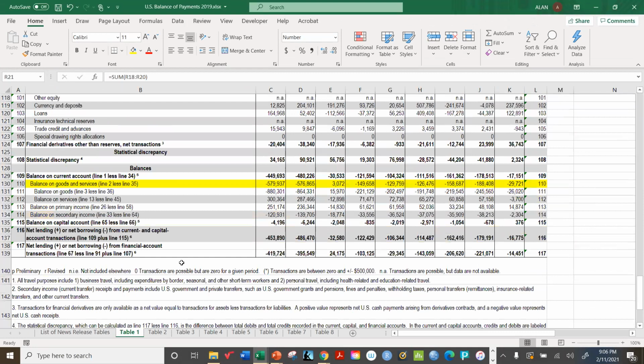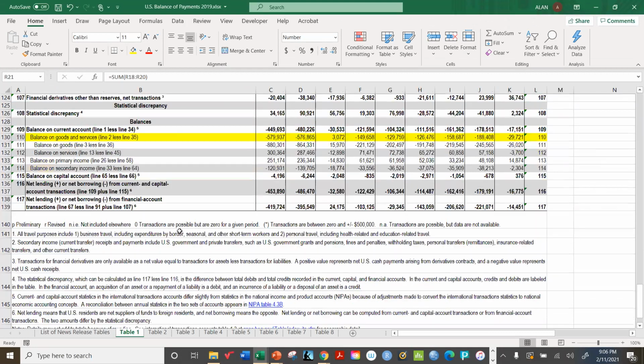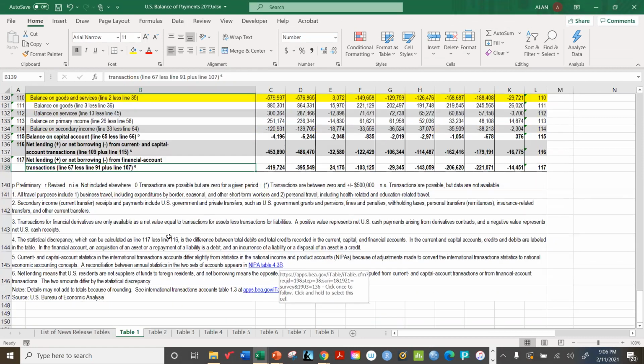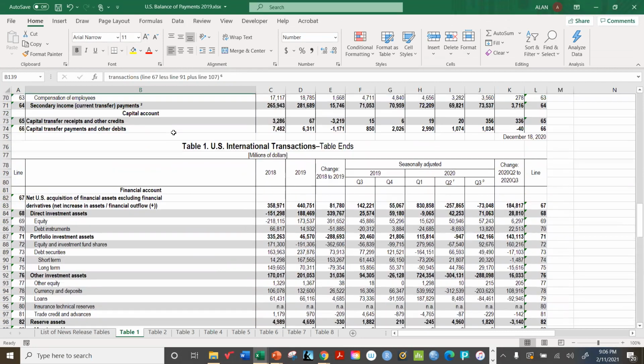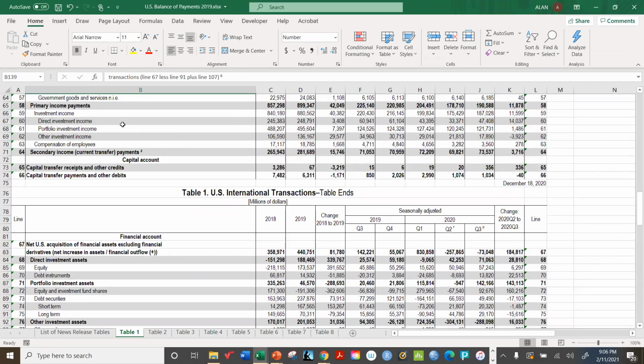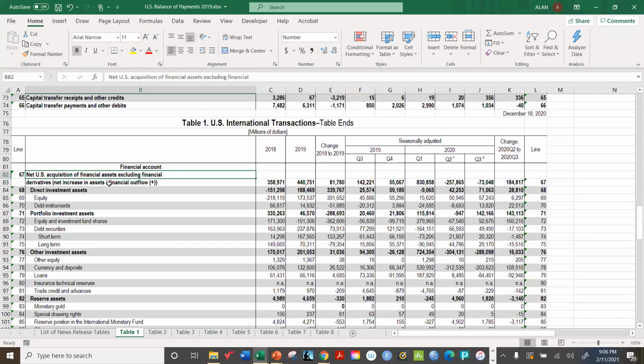derived. Now, there is an explanation in here. They're telling us, for example, this one is 67. Oh, I see. This is what I used.